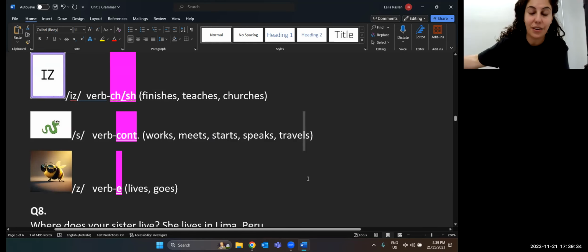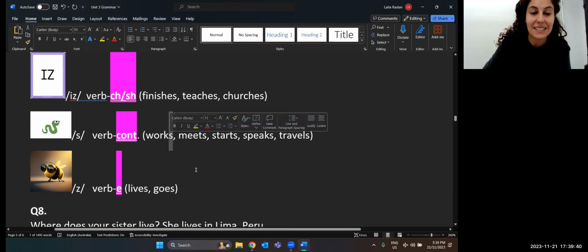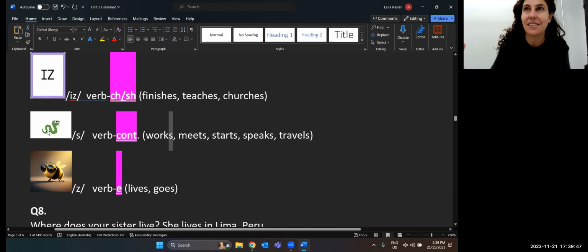They're not A, E, I, O, U, vowels. So when you have an action word that ends in a consonant, all you need to do is add the S. So it becomes works. It's like a snake, an S sound. Works, meets, starts, speaks, travels. So there's a snake sound.